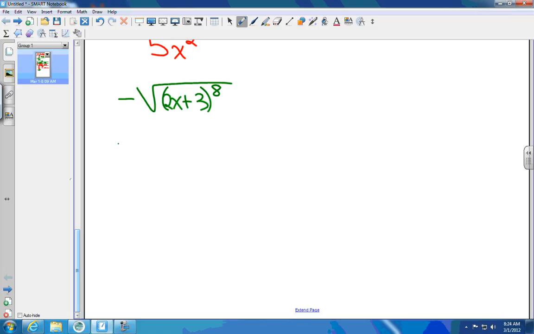So we still have our negative out front, and we're solving this. What do we do with the exponent there? Divide by 2. So all you end up with is 2x plus 3, all raised to the 4th power. You don't do anything with that binomial if it's addition or subtraction.